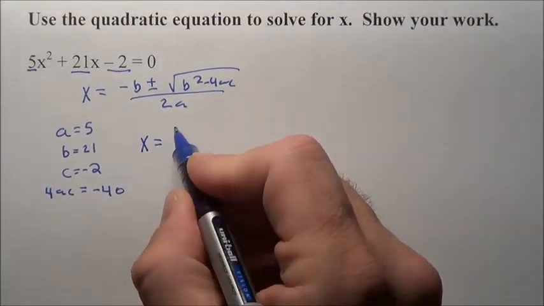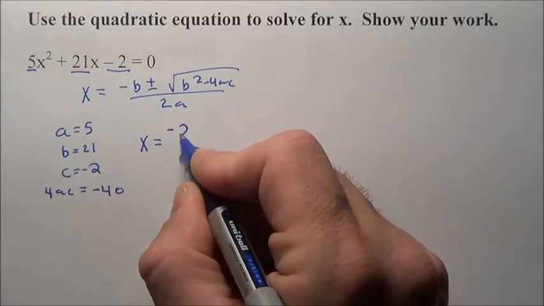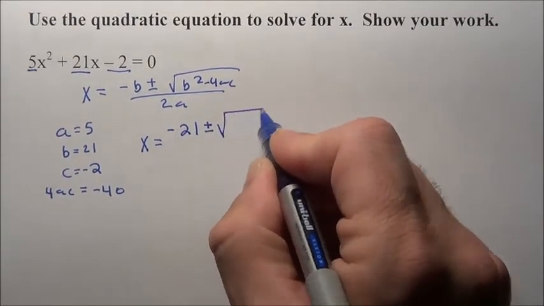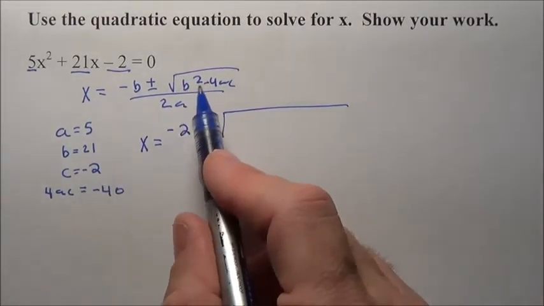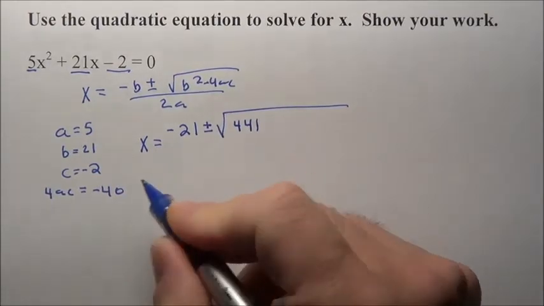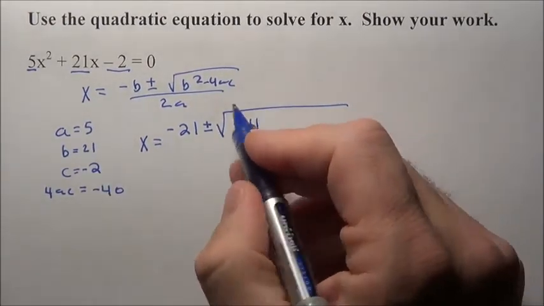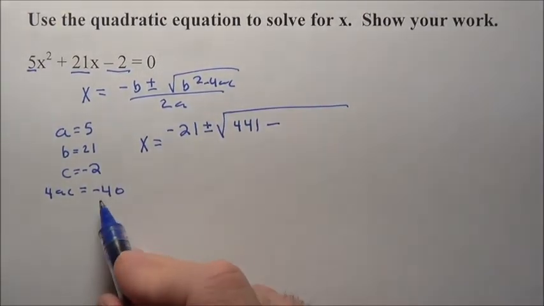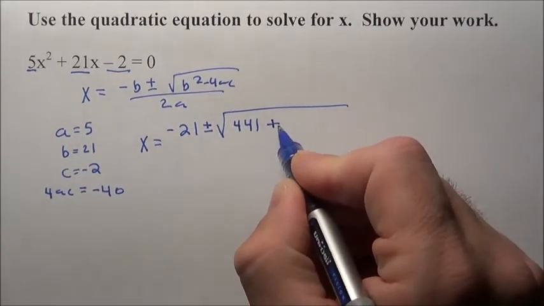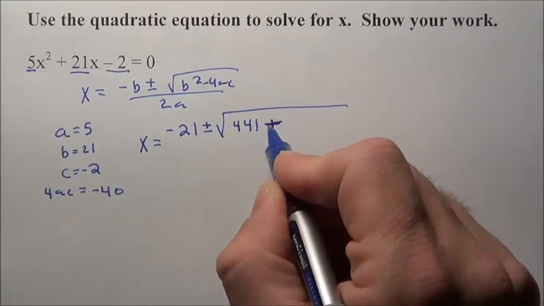So x is equal to the opposite of b, which is the opposite of 21, plus or minus, don't be scared of big numbers, b squared. 21 times 21, 441. Subtract negative 40. That'll be simply minus a negative 40. I should have written that, sorry.